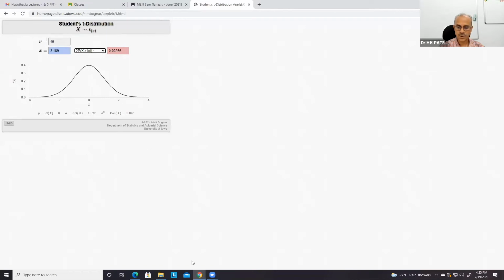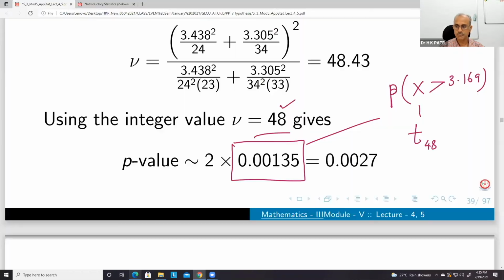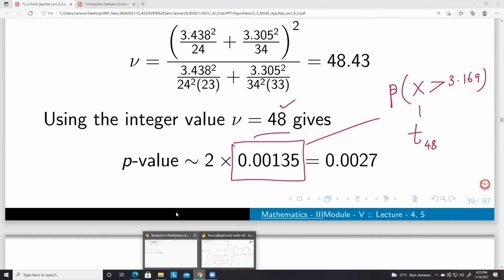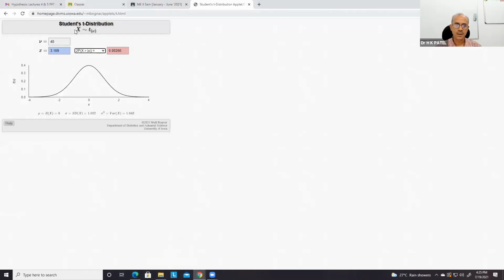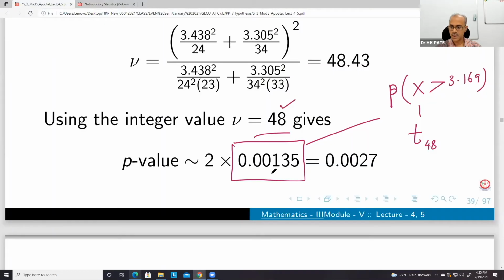So our value is 0.0027. And here we are getting 0.00135 for x greater than x. It is given 135, though I see 0.00133.